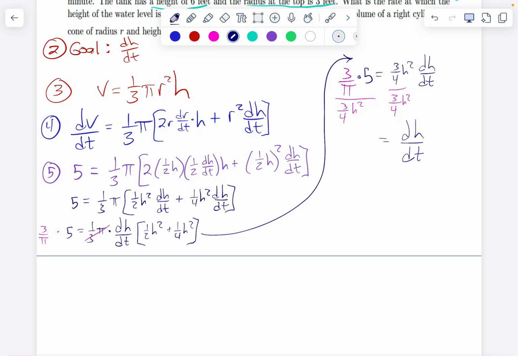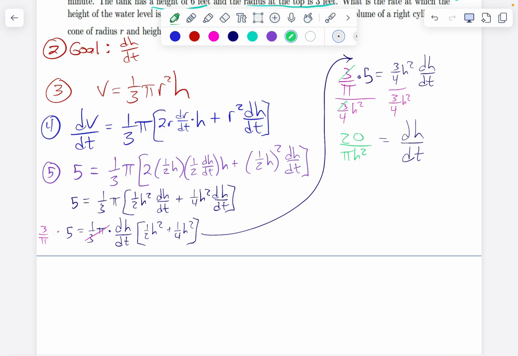All right, we finally got dH dt isolated in the whole left side we know. Note on this that the 3's cancel, the 4 comes up to the numerator. So what does this become? 20 over pi h squared, I think. Do I look right?